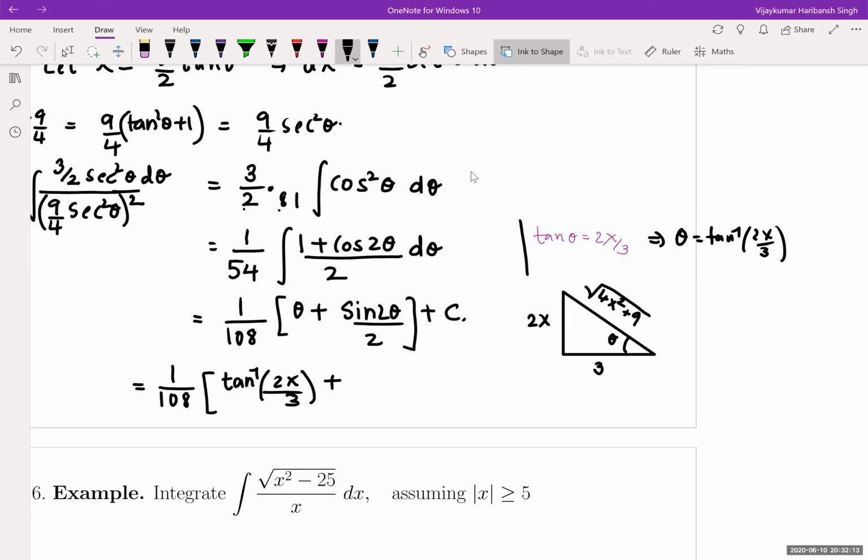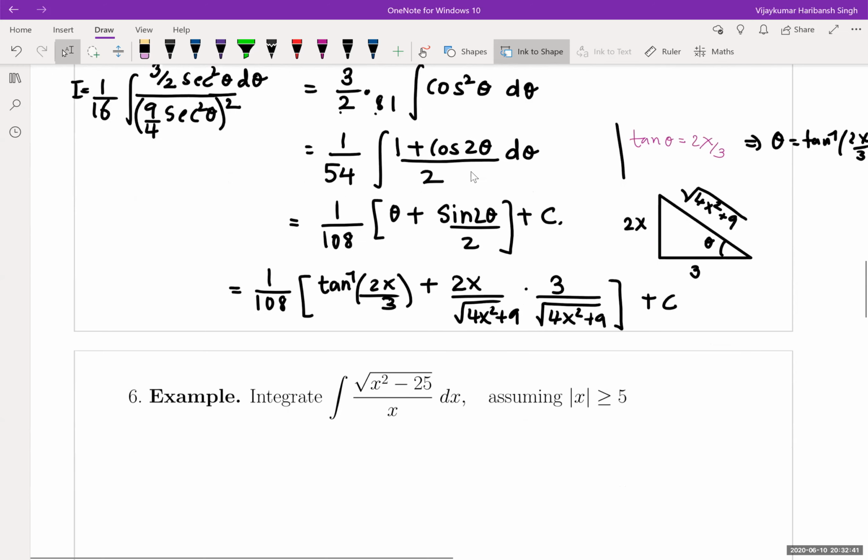What is sine theta? Opposite side upon hypotenuse, so 2x divided by the square root of 4x squared plus 9. What is cos theta? Adjacent side divided by hypotenuse, so 3 over the square root of 4x squared plus 9. Yeah, if you want to simplify this, you can multiply. Otherwise, this is good enough.